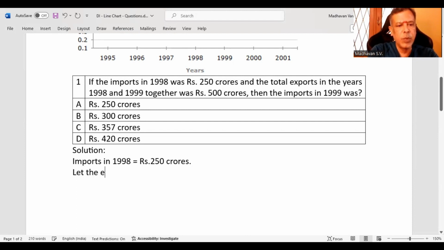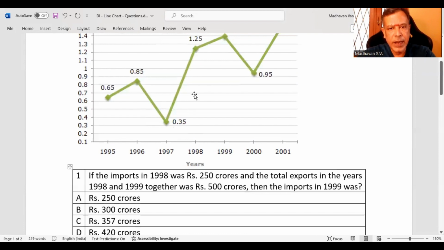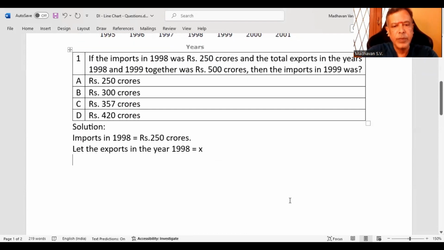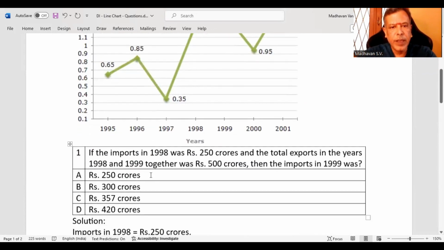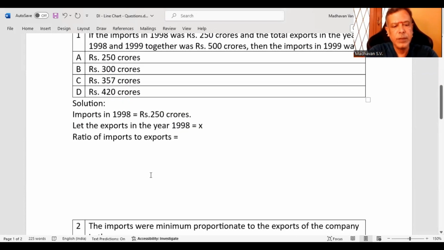Let the exports in the year 1998 be X. And we have the ratio for 1998, which is 1.25. The ratio of imports to exports is given as 1.25.